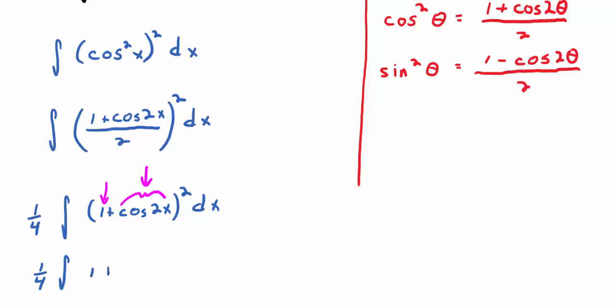You get 1. And then you add the first guy times the second guy doubled, right? 1 times cosine 2x doubled, 2 cosine 2x, right? And then the last guy squared. So the last guy is the cosine of 2x, so you have to square that. Cosine 2x squared.